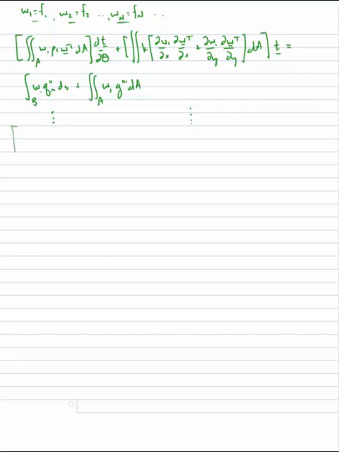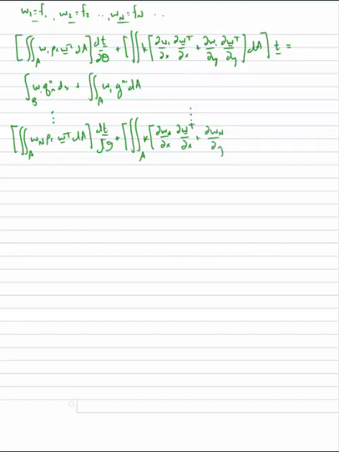So the last one is going to look like the integral over the area of Wn rho C W transpose dA times d temperature d time, plus the integral over the area of K. Now we have dWn dx dW transpose dx plus dWn dy dW transpose dy times dA all multiplied by T is equal to the integral over the boundary of Wn heat flux normal to the boundary ds plus the integral over the area of Wn G triple prime dA.